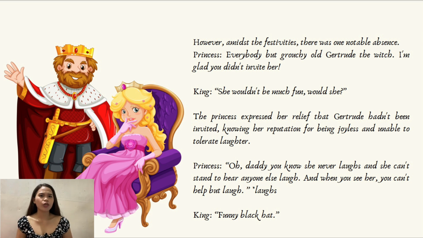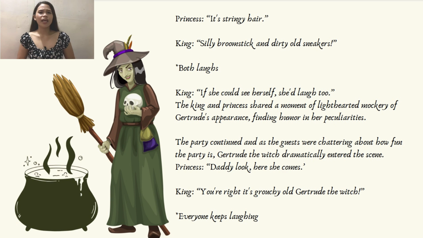And when you see her, you can't help but laugh." The princess laughed. The king also replied, "Funny black hat." Princess, "Stringy hair." King, "Silly broomstick and dirty old sneakers." Both the princess and the king laughed. The king said, "If she could see herself, she'd laugh too." The king and princess shared a moment of light-hearted mockery of Gertrude's appearance, finding humor in her peculiarities.